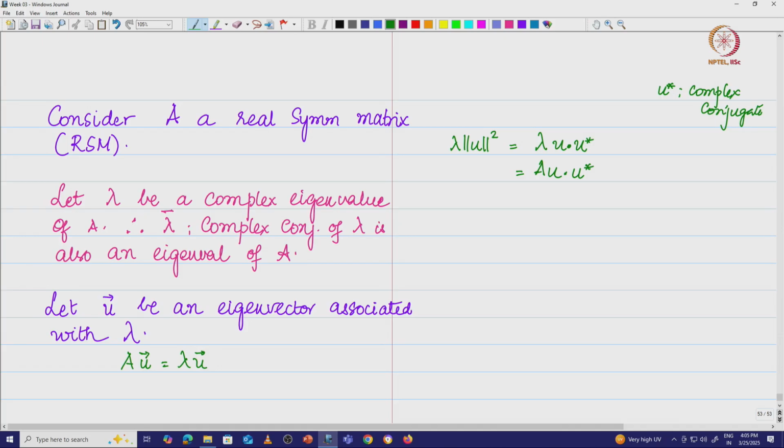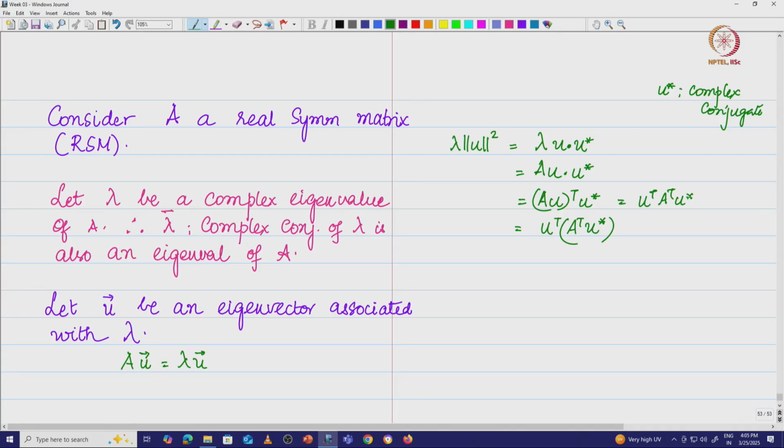Now what do we get here? We basically have A u the whole transpose into u star, which is nothing but u transpose into A transpose into u star. This is u transpose A transpose u star.